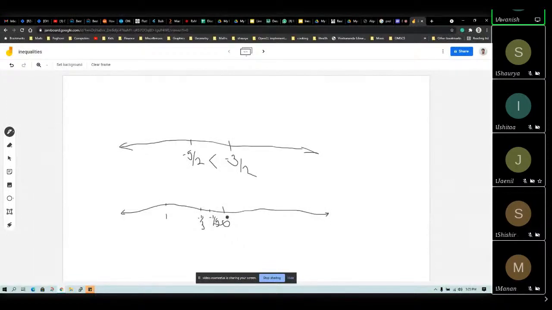So which one is bigger? 1 by 5 is more than minus 1 by 3. What was the relation between minus 3 and minus 5? Minus 3 was somewhere here and minus 5 was somewhere there, right? Yes, I wrote this the wrong way round, sorry.